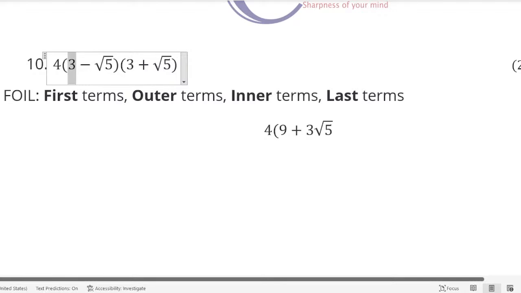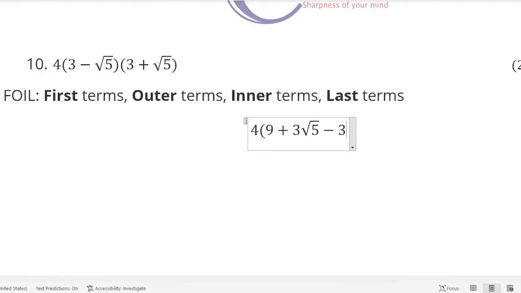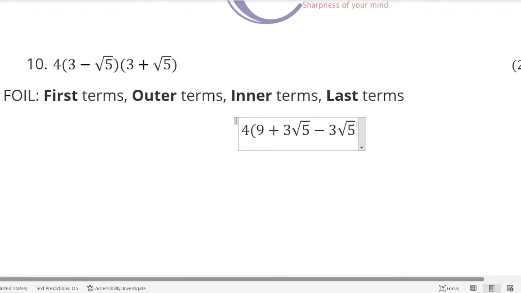We said 3 multiplied by 3, these are first terms. It gave us 9. Then we're doing outer terms now. 3 multiplied by root 5 is positive 3 root 5. Then now we're doing inner terms. Negative root 5 multiplied by 3 is going to be negative 3 root 5.